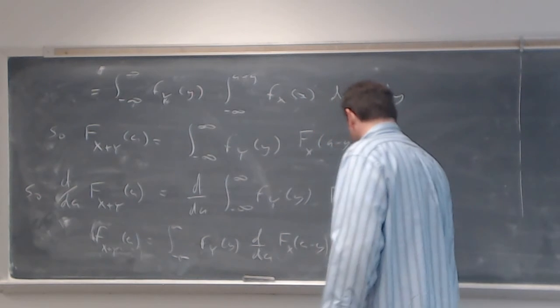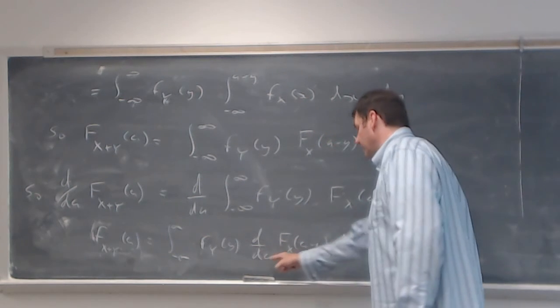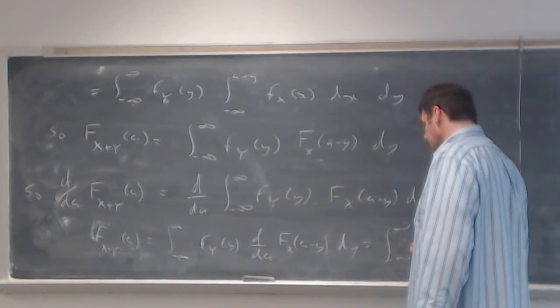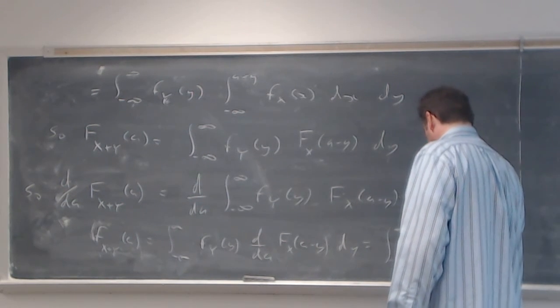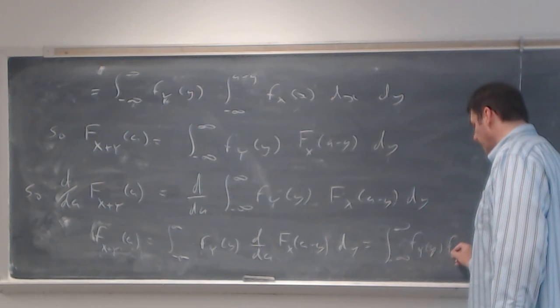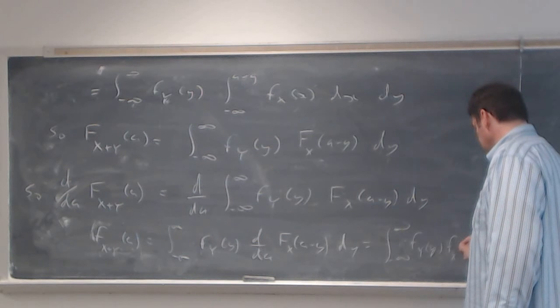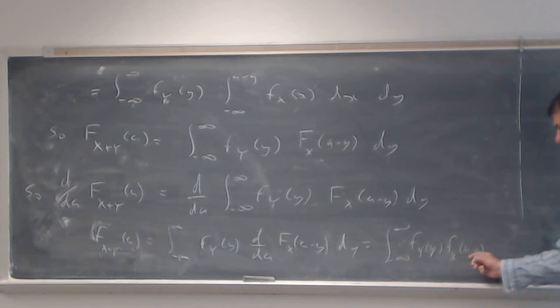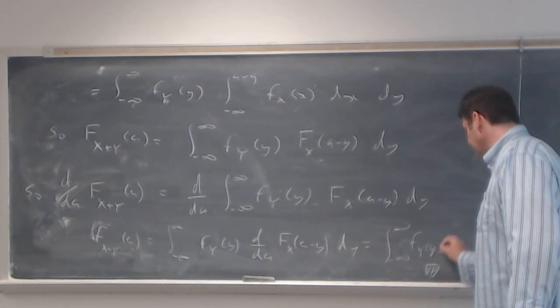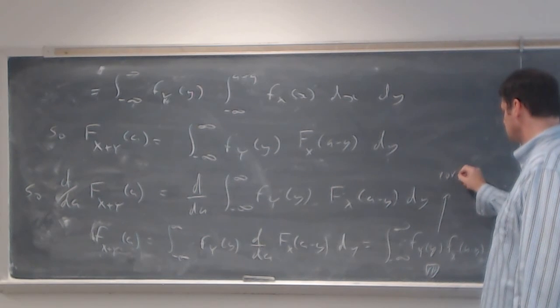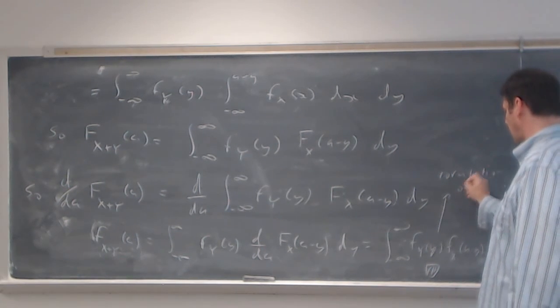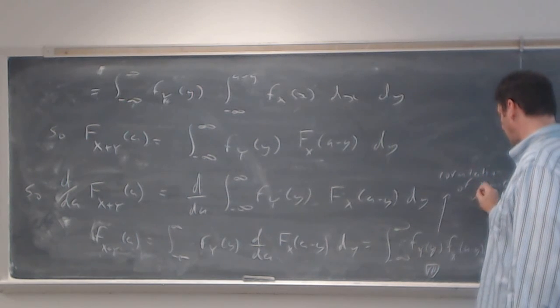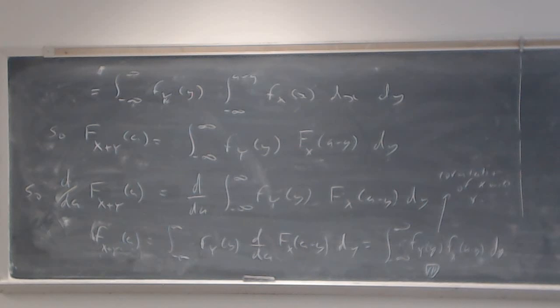And when I do the derivative, I should say, of this quantity, what I get is, so this stays the same, this is dy. Here, this is nothing more than the PDF of x of a minus y. By the fundamental theorem of calculus, I have to multiply this by the derivative of the inside, chain rule. And so here, this will be the derivative of a with respect to a, but that's just 1, and then dy, and that's what we said. And I'm going to tell you, this is called the convolution of x and y. So that's got a fancy name.